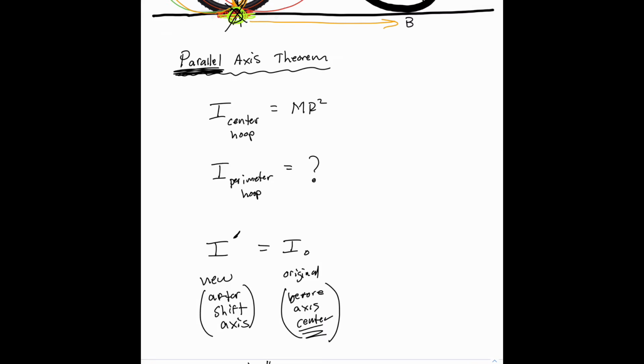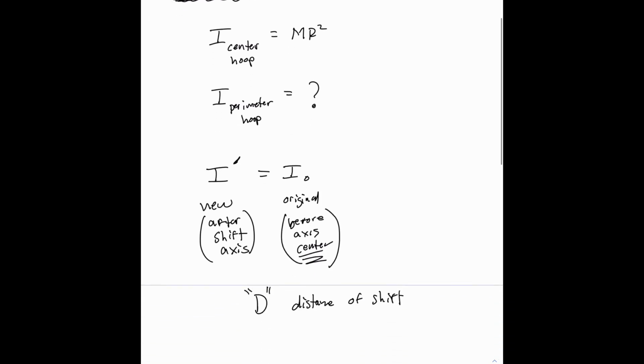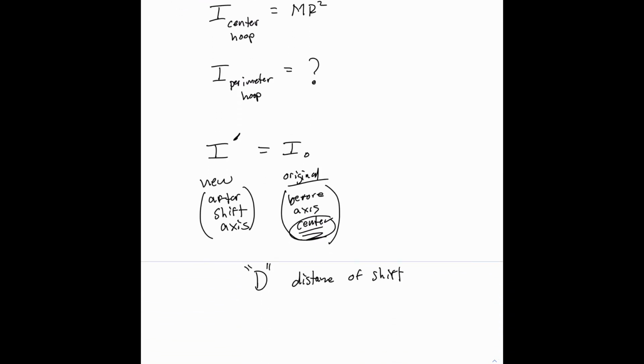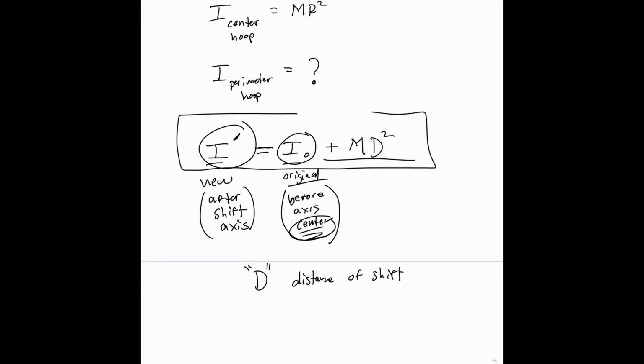In other words, the new axis lies parallel to the original axis, and the original axis passed through the center, then I prime and the original aren't equal. The difference is equal to the mass multiplied by the distance of shift squared. The new rotational inertia is equal to the original rotational inertia plus this amount, md squared. That's known as the parallel axis theorem.